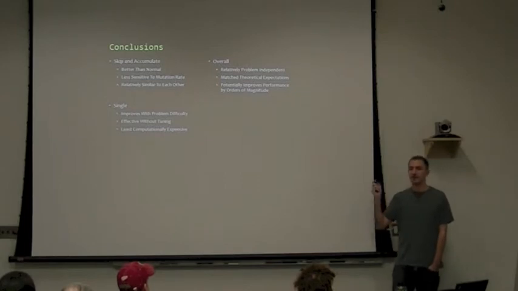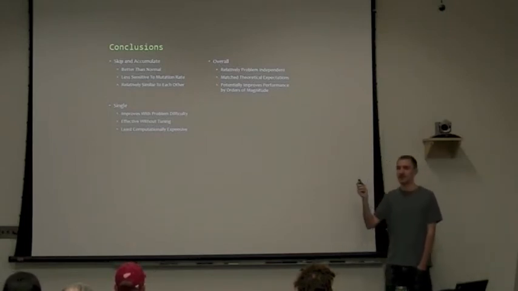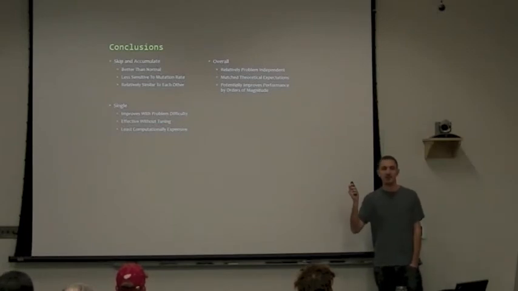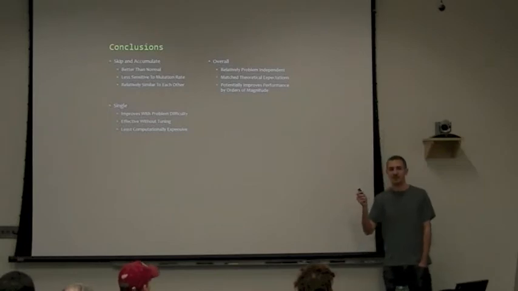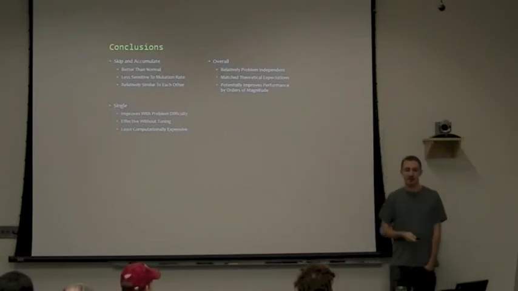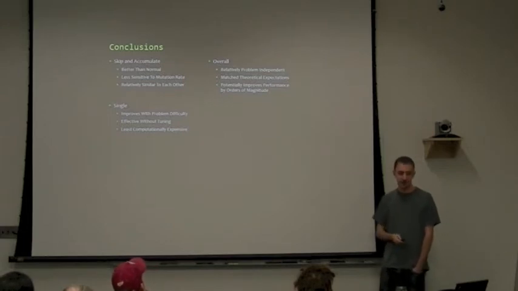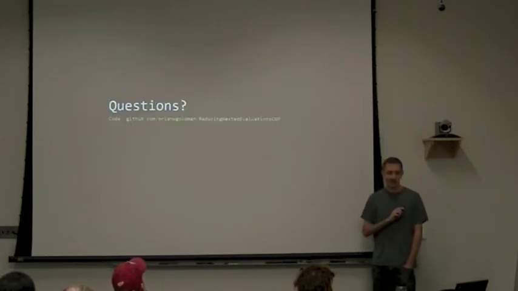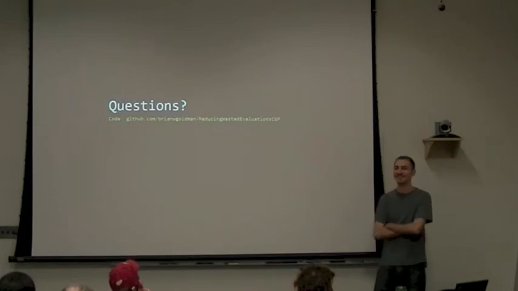Those graphs I had were log-based, so those differences in lines were really big. When the mutation rates got small, it was by orders of tens to hundreds, sometimes thousands of times faster. Thousands of fewer evaluations when using skip or accumulate, or sometimes single. So, lots of time for questions.